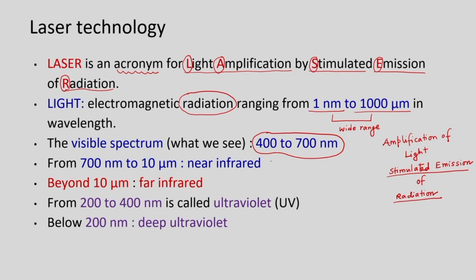And if the wavelength is more than 700 nanometer, that is going into the range of the near infrared type of light, and if it is beyond 10 micrometer, that is the far infrared region. If we are considering the light in between 200 to 400 nanometer, that is called the ultraviolet light, and below 200 nanometer it is the deep ultraviolet light.